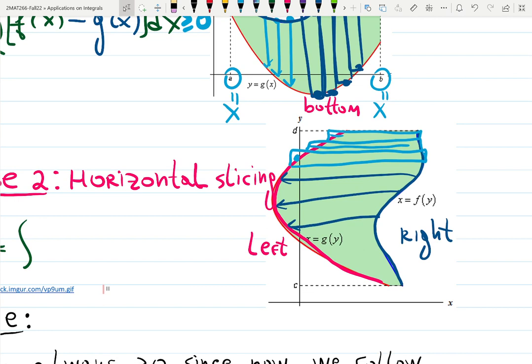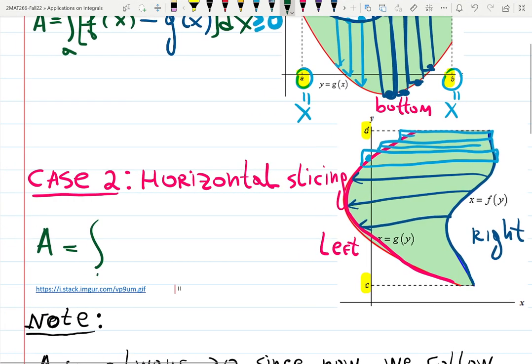But this time, the big difference is over here: the integral, instead of from a to b on the x-axis, is going to be from c to d, where it's y equals c and y equals d, from the smaller to the bigger one. Then y equals f of x is not used here. We're using x equals f of y.